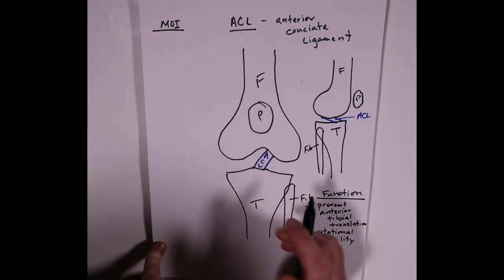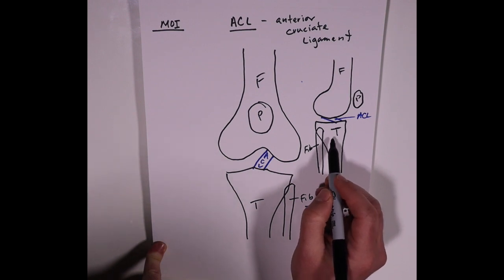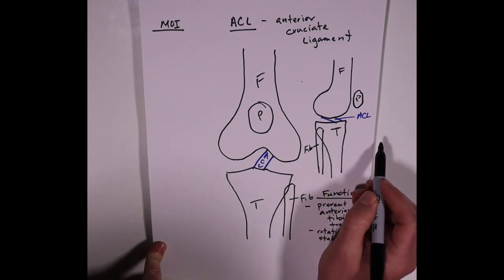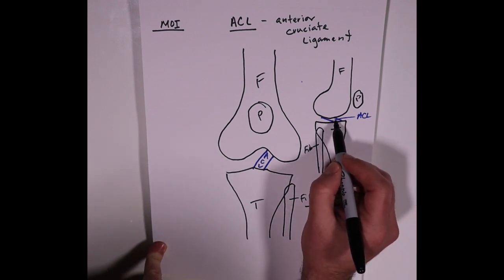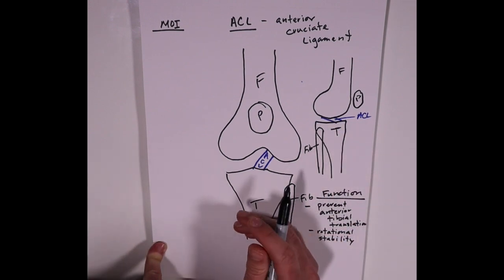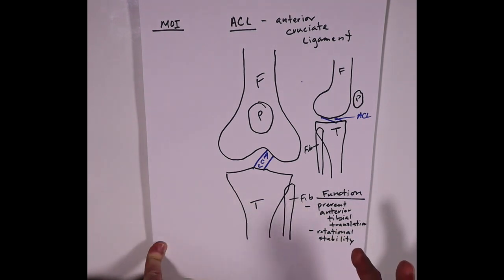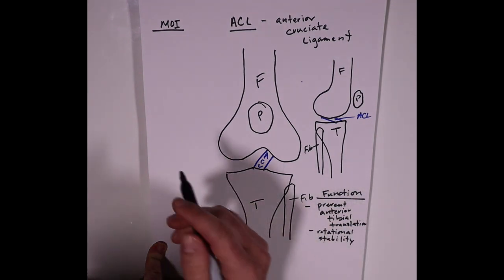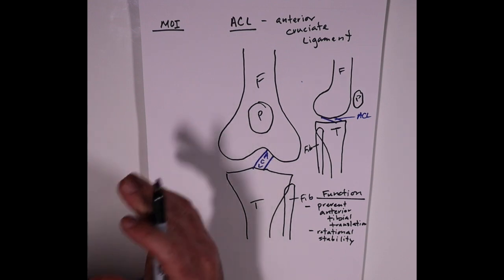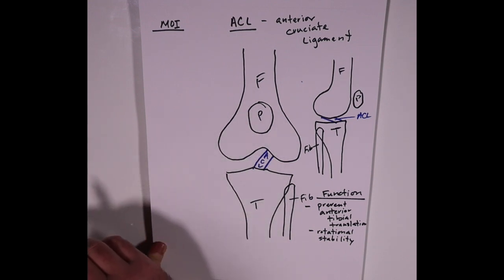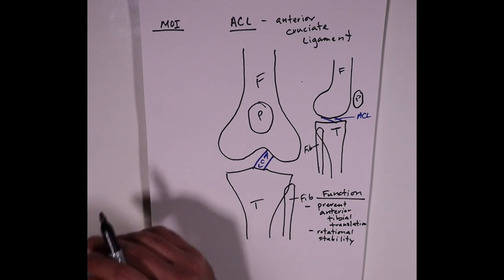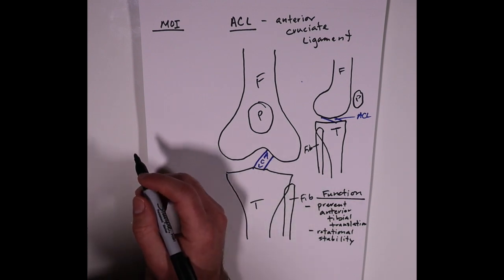Well, it is anything that causes the tibia to go too far forward with enough force to cause failure of the ACL. Now, in a realistic activity way, what that typically involves is a sudden stop or a change in direction.